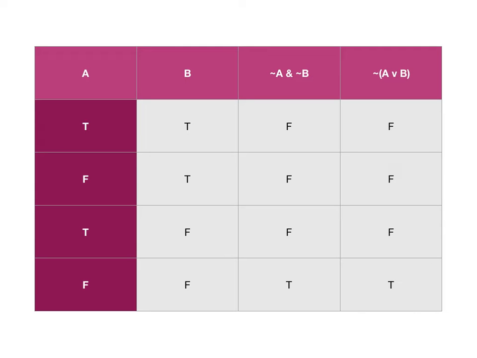You might want to put this in more computer language or machine language: it has the same output as not parentheses A or B, right? Every single line here, both of these are false except for the last one. Both of these are only true when both A and B are false, right?